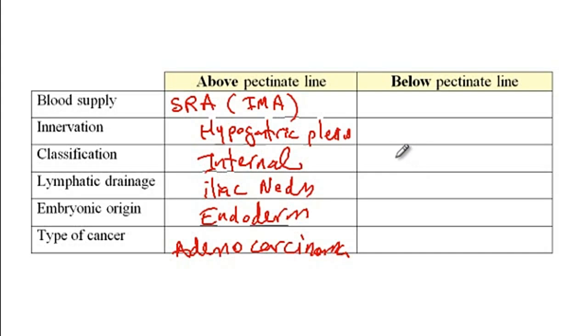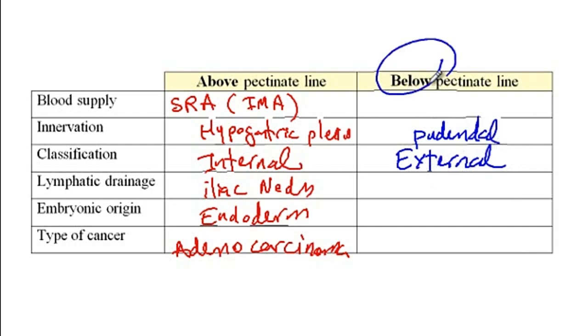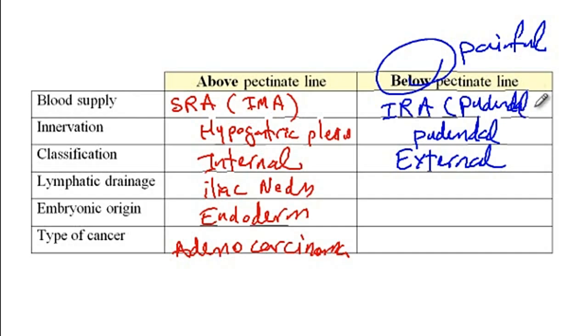On the other hand, it's the external hemorrhoids that are below the pectinate line, and their innervation is from the pudendal nerve. So therefore the external hemorrhoids are painful, while the internal hemorrhoids were painless. Now in terms of the blood supply of the external hemorrhoids, they are being supplied by the inferior rectal artery, which is a branch of the pudendal artery.